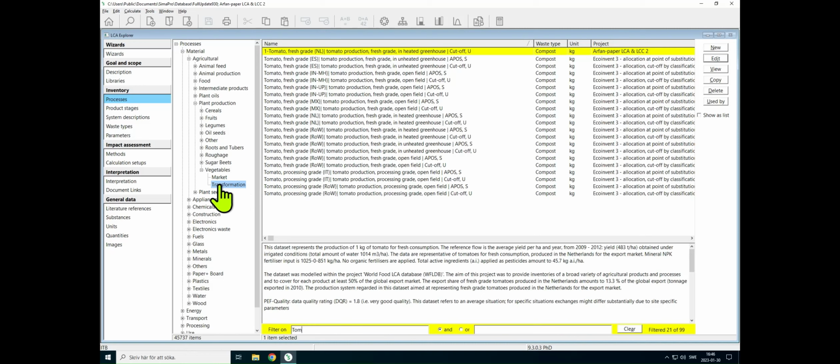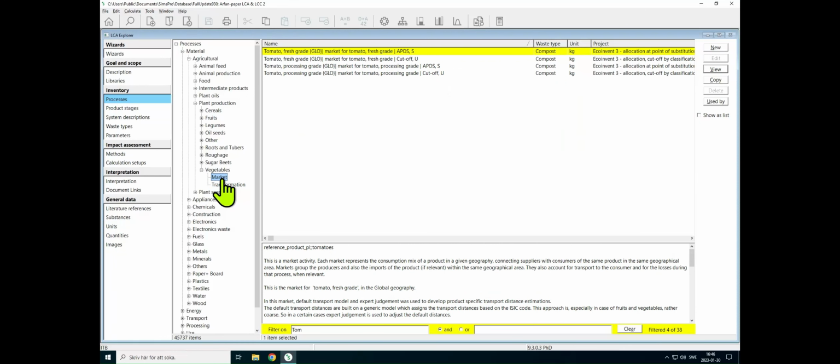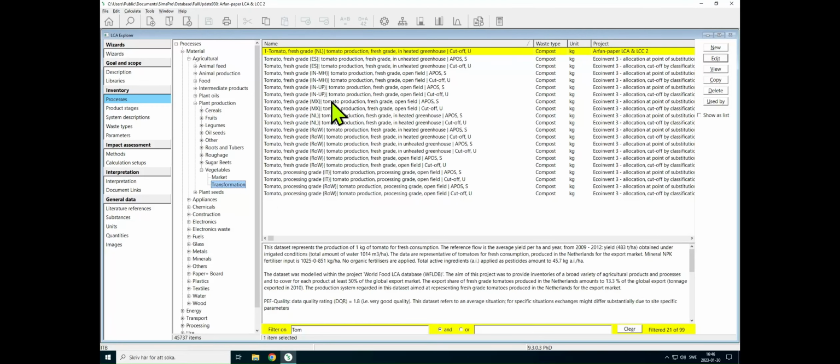If we look at the tomato production processes, or the data set that this software has about tomato production, it consists of two processes, two data sets. One is about the market, the global market of tomatoes, and the other is the transformation process.